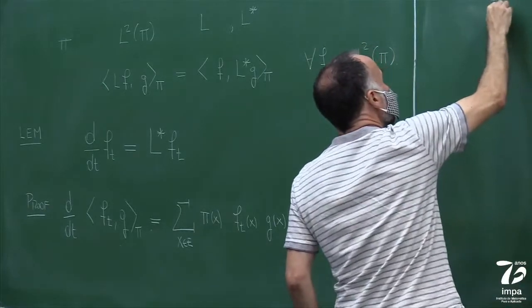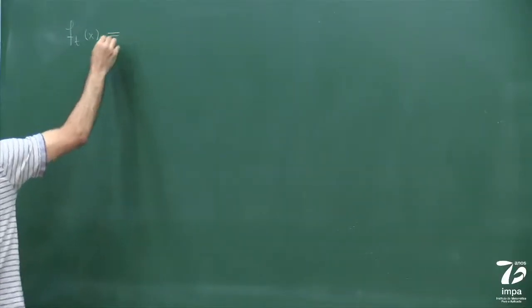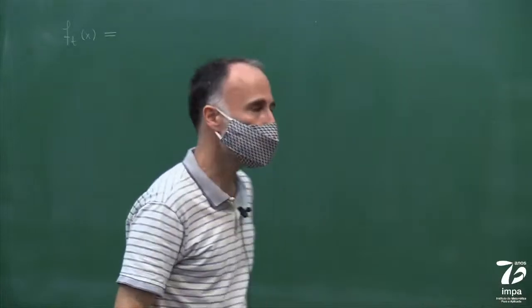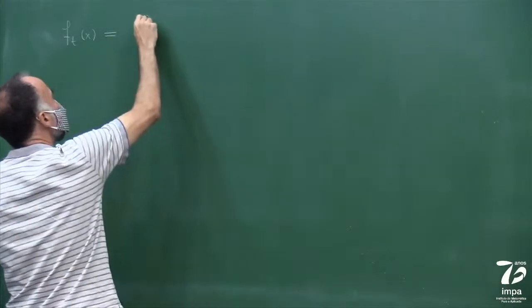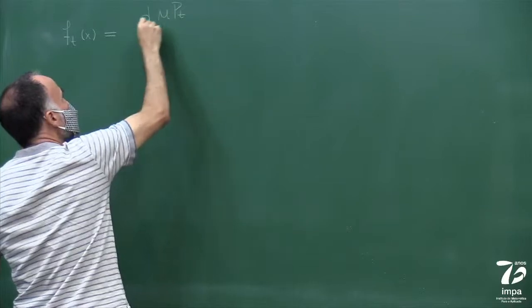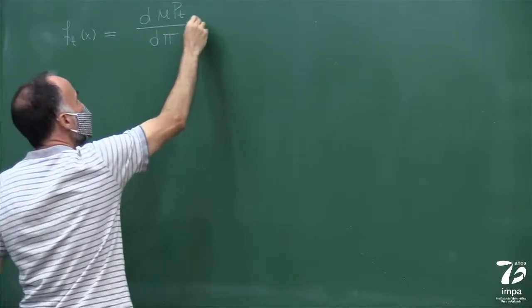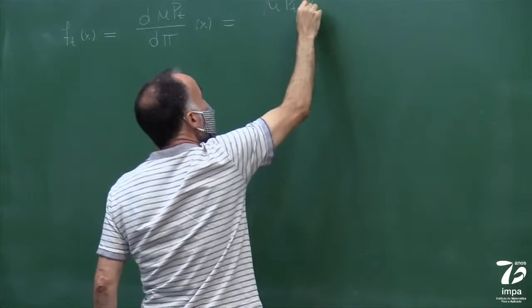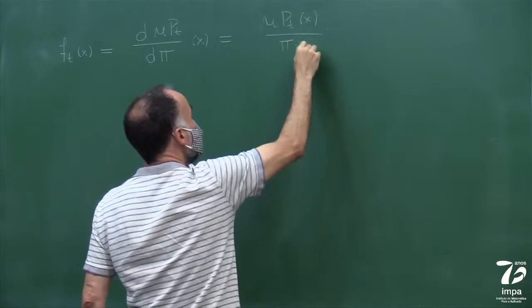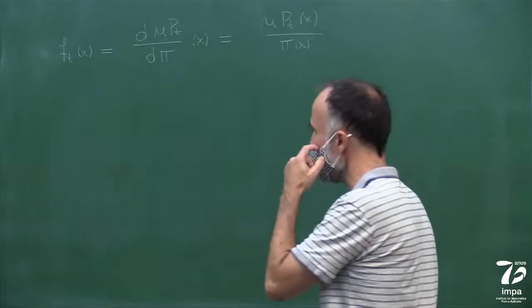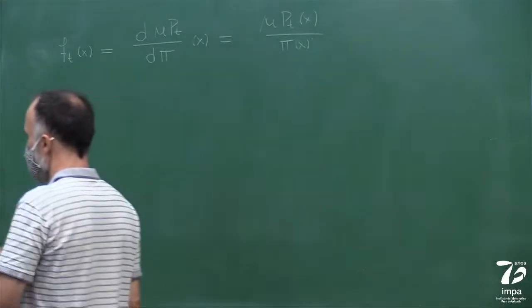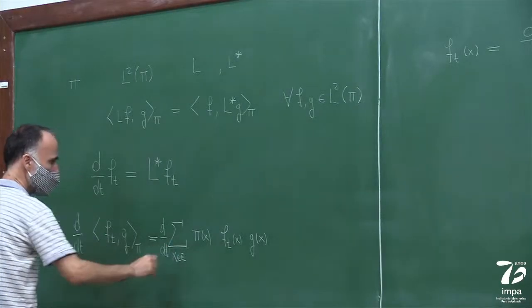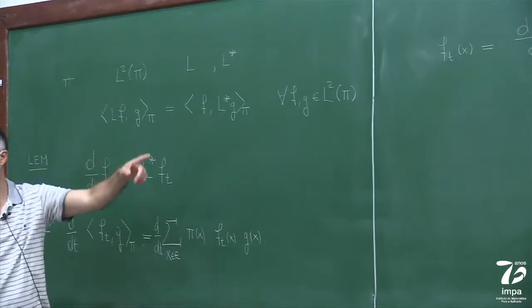Ft of x is the Radon-Nikodym derivative of mu PT with respect to pi. And this is just mu PT of x divided by pi of x, because we are in a finite state space. So here I forgot, of course, the derivative in time. So let me just replace ft of x by what it is.